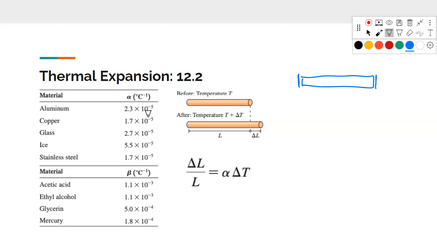If there's nowhere for it to go, if it's just pushing against something, it can easily damage the surrounding structure. So incredibly important for engineering, especially for larger objects like bridges and buildings and things. It's also something that's present in your house though, and that's due to what's called a bimetallic strip.